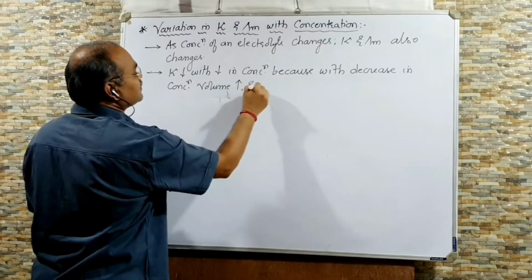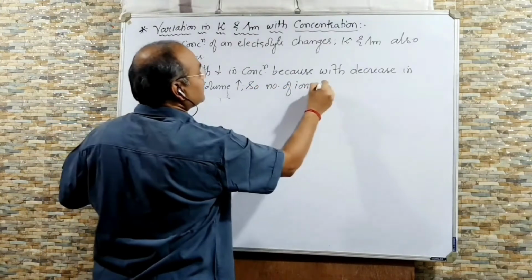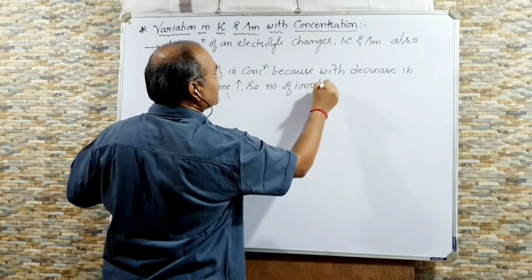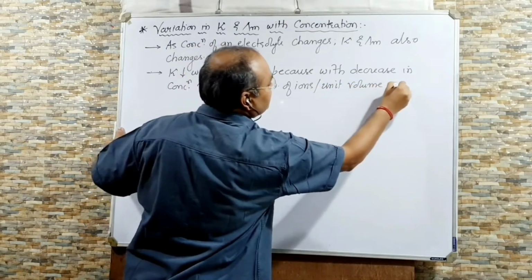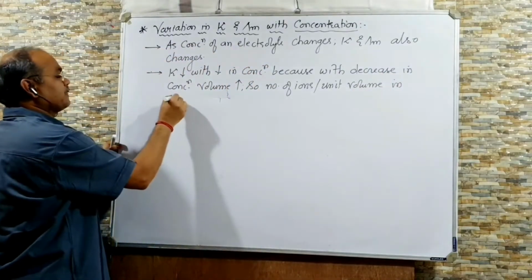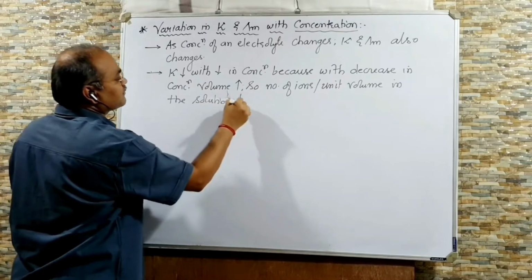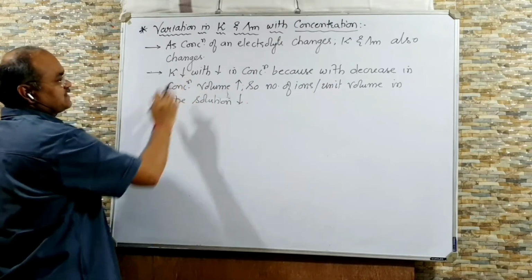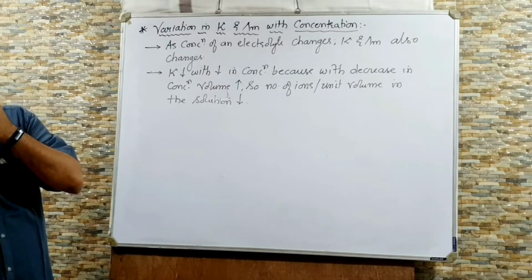So the number of ions per unit volume in the solution decreases. This is the reason why conductivity decreases with decreasing concentration.